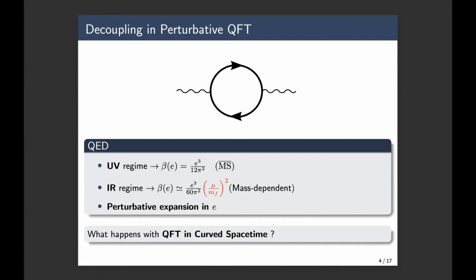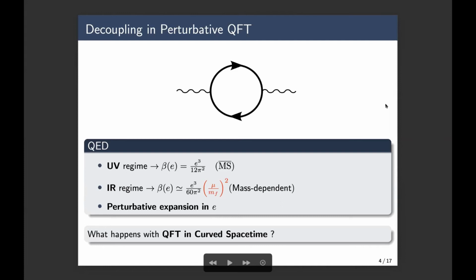For example, in dimensional regularization with minimal subtraction, we can compute the beta function for the electric charge from the vacuum polarization diagram. And we see that this beta function does not have the property of decoupling. So we have to move to a mass dependent or momentum dependent scheme where this beta function has the following form. And we see that when the mass of the fermion loop is much bigger than the mu scale, this goes to 0, thus ensuring the decoupling property.